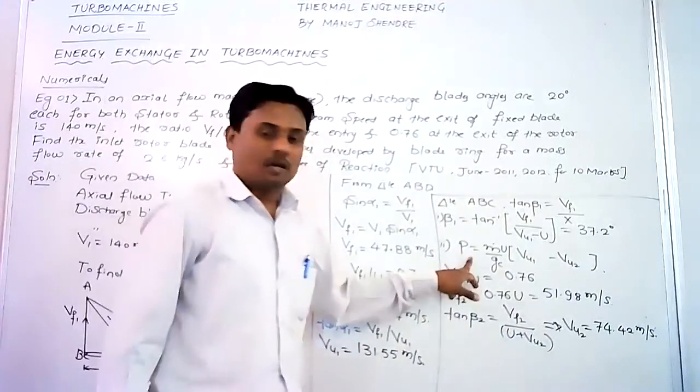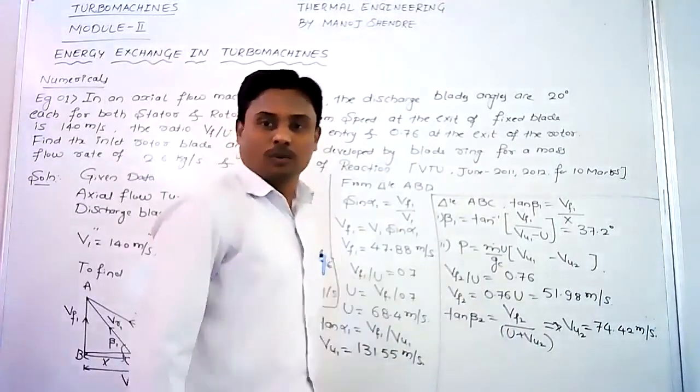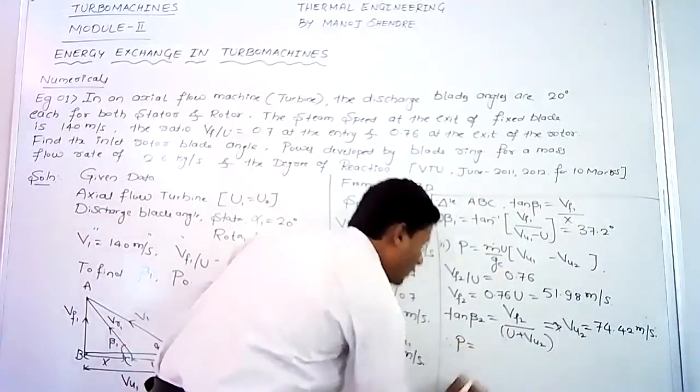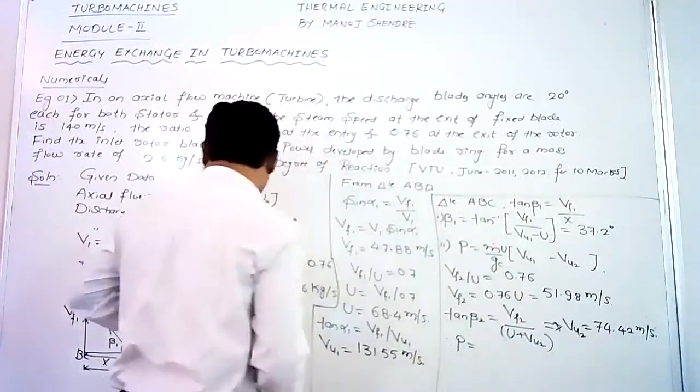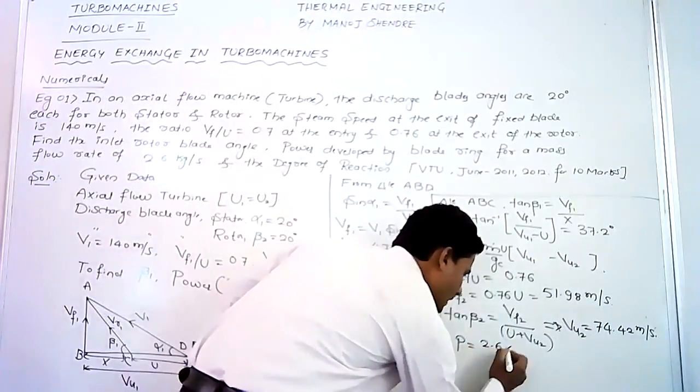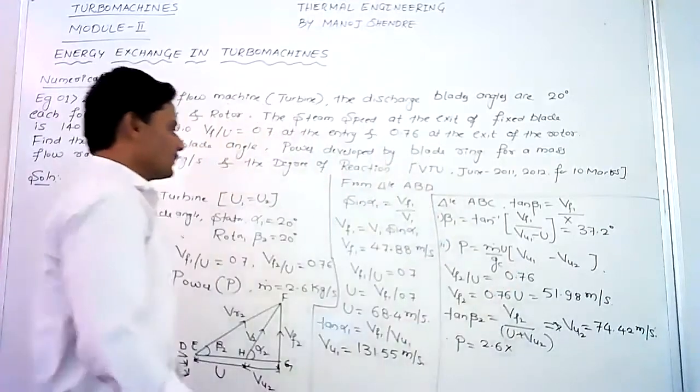Just substitute in this formula, you will get the power P. So power P equals m dot is known, that is 2.6, into what is the value of U?